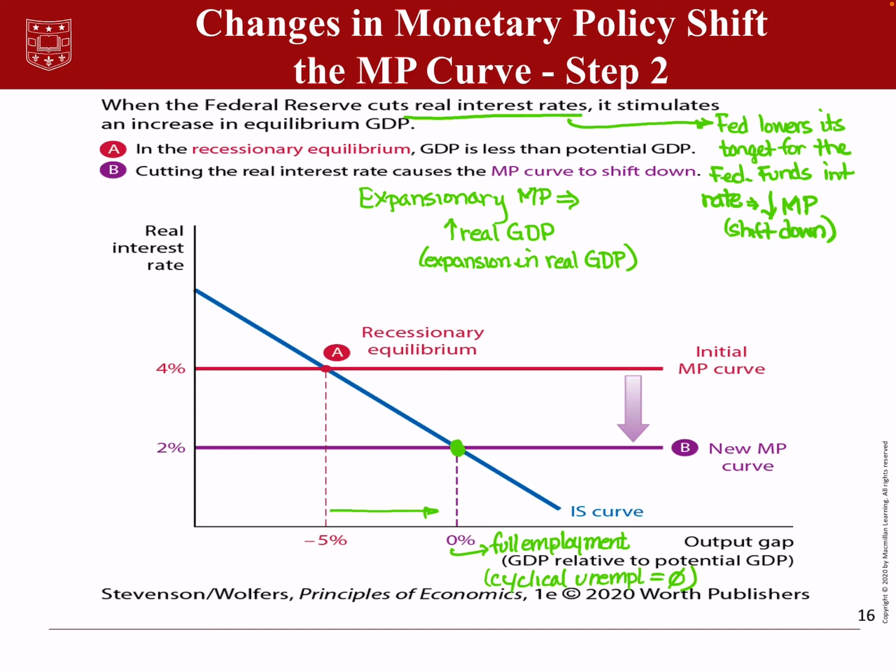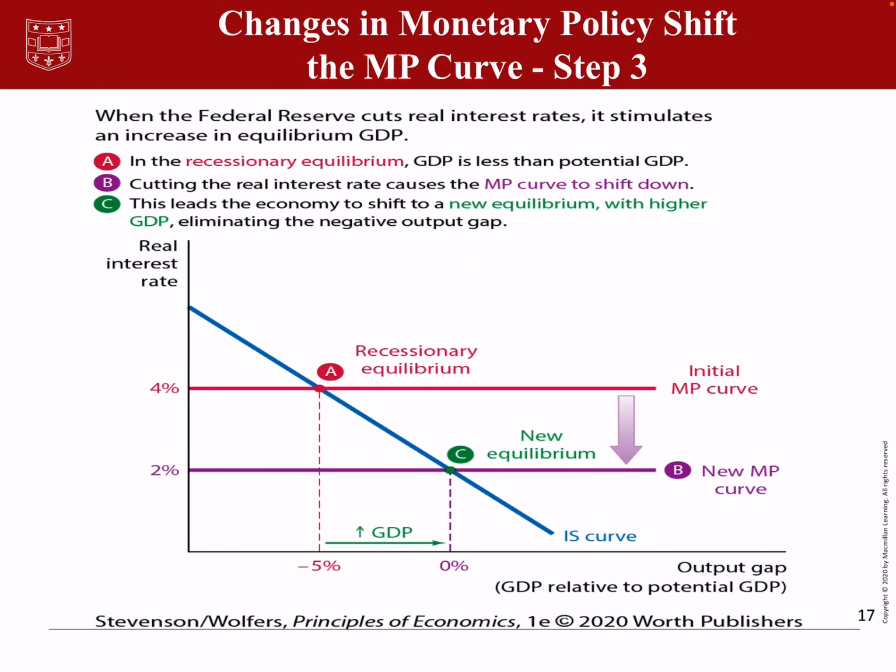So an expansion in real GDP, and of course in this particular case, in the language that I'm going to try to adopt, the output gap becomes more positive. Because we're moving to full employment, the output gap is exactly 0, but it moved from negative 5% to 0.